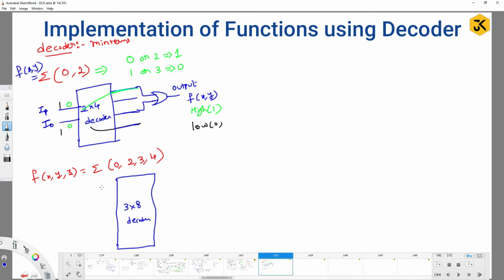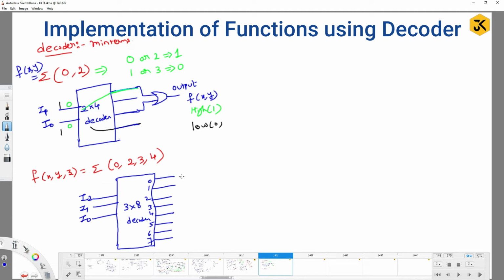In a 3 by 8 decoder you have 3 inputs, I2, I1, I0, and 8 output lines: 0, 1, 2, 3, 4, 5, 6 and 7. At what lines do you need the high output?